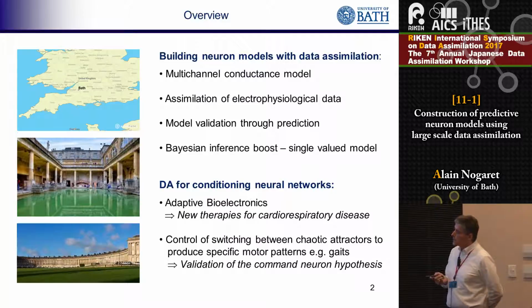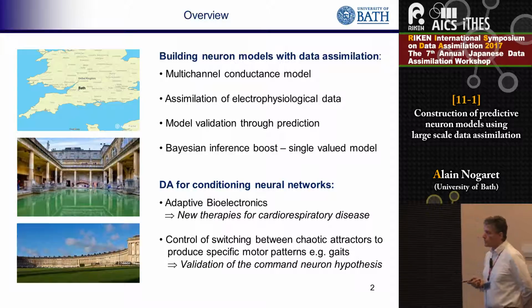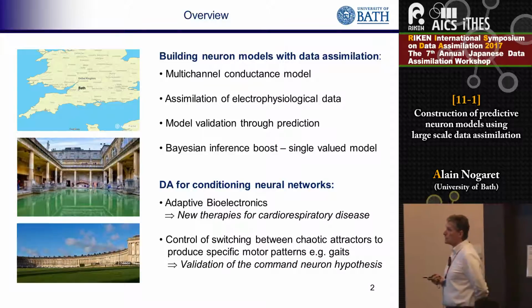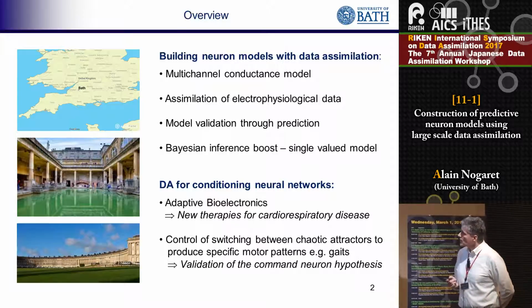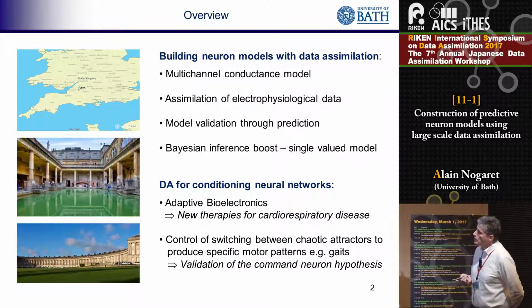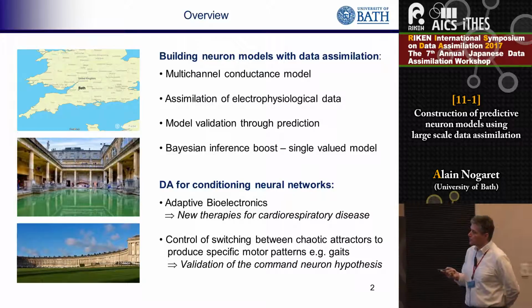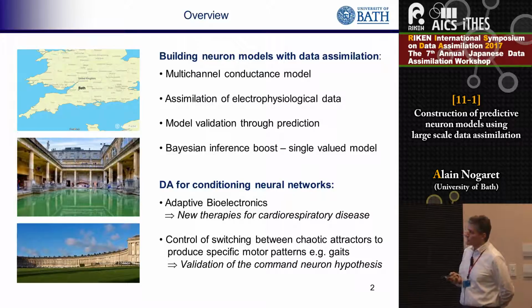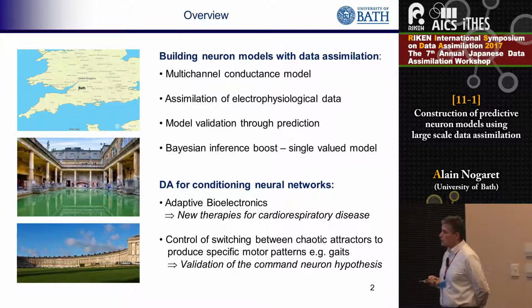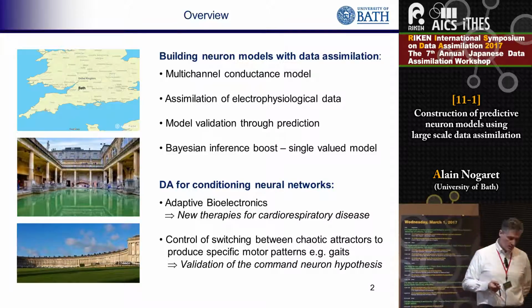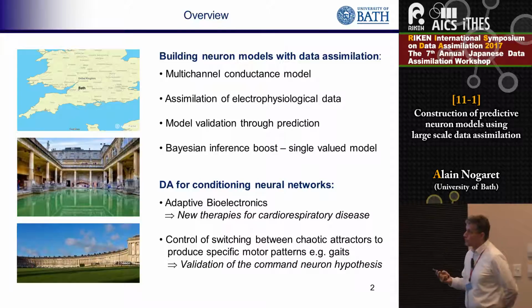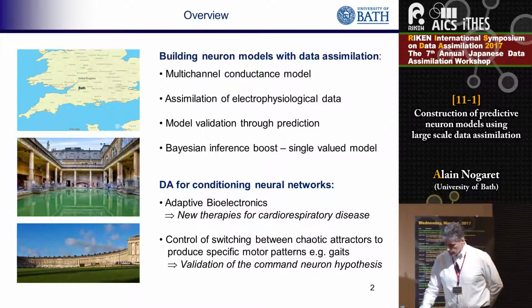And we see that data assimilation needs to be boosted by Bayesian inference to reach the grail, which is to obtain a single-valued model. I'll talk about a few further applications to neural networks, so new therapy for cardiorespiratory diseases, and, time allowing, control of switching between cardiac attractors. Our data assimilation can be useful for engineering the basins of attraction.